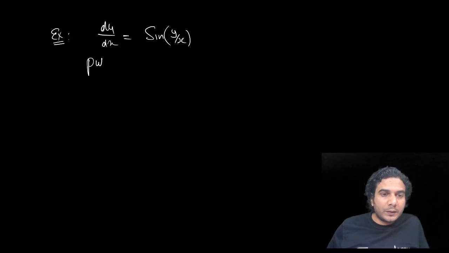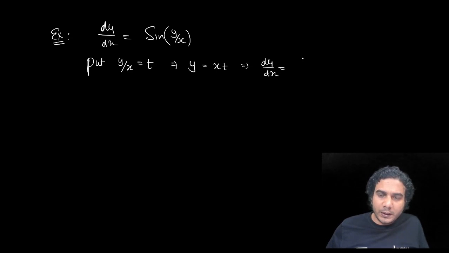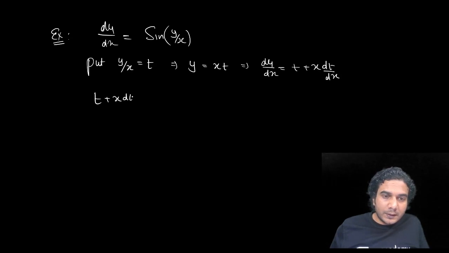Okay, so put y upon x is equal to t, then you can get y is equal to xt again, and then you can write dy by dx. So that part is same for all the homogeneous equations. So dy by dx is again the same, t plus x dt by dx, and now it is going to be t plus x dt by dx is equal to sine of t.